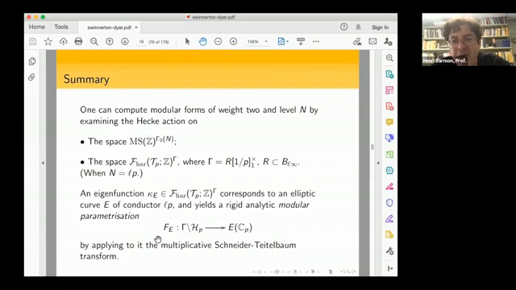Namely, out of this harmonic function, one can actually reconstitute an interesting invariant of the elliptic curve, namely some rigid analytic modular parametrization, which goes from the quotient of the upper half plane by a certain discrete p-arithmetic group to the set of Cp points of the elliptic curve. And that's done in a very concrete computational way by applying to this eigenfunction kappa the multiplicative Schneider-Teitelbaum transform, which I alluded to in my earlier slides.